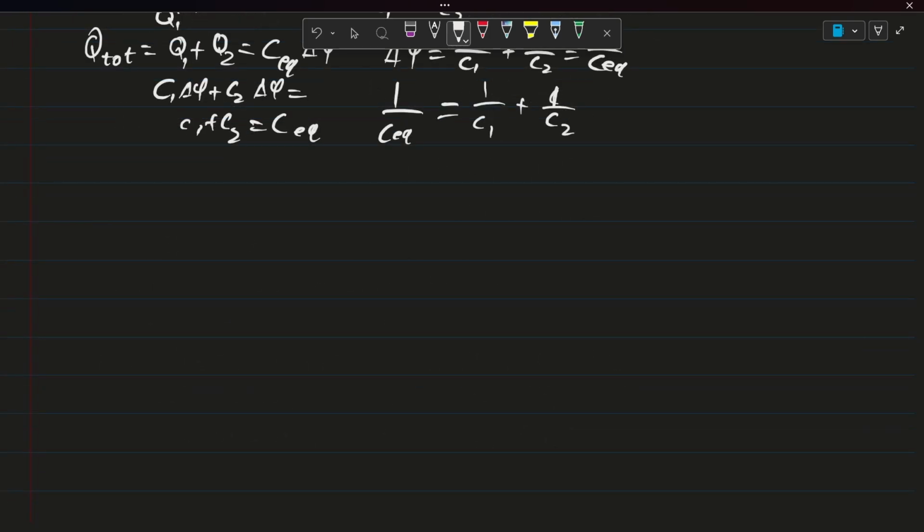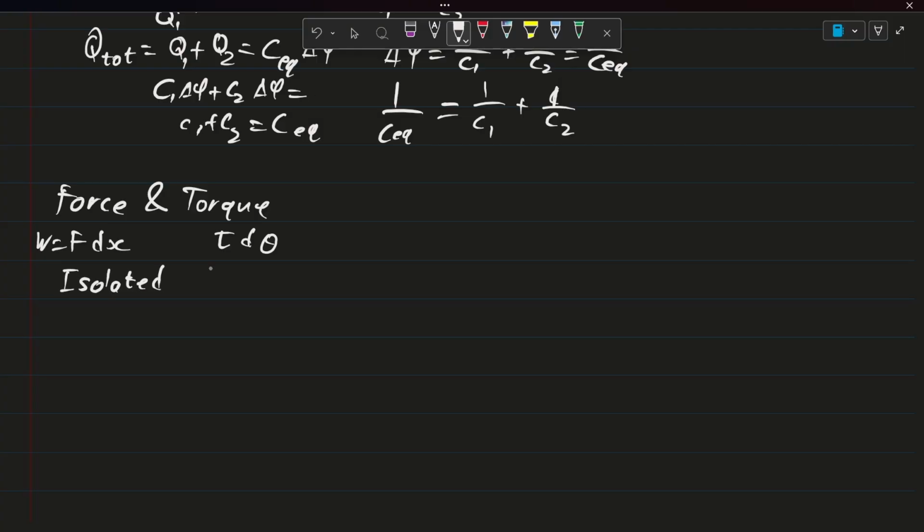So finally, we are able to discuss the force as well as the torque. So force and torque are actually quite similar. So you could define work to be F dx or also tau d theta. They are both the same thing. And now if you try to consider an isolated system, isolated meaning that the total energy is zero, or basically there's no energy going out or in, this would mean that all of your potential energy plus the work must always be a constant.